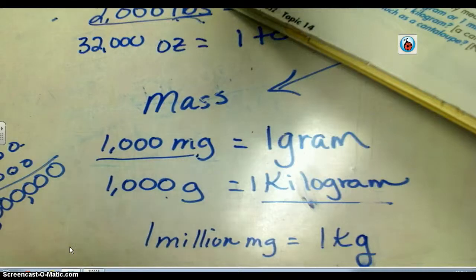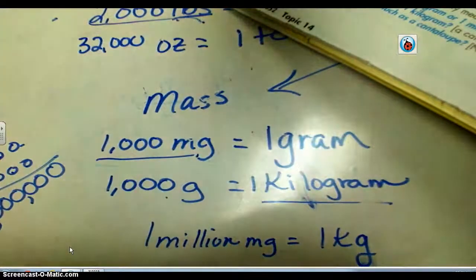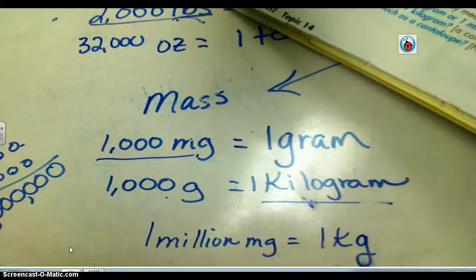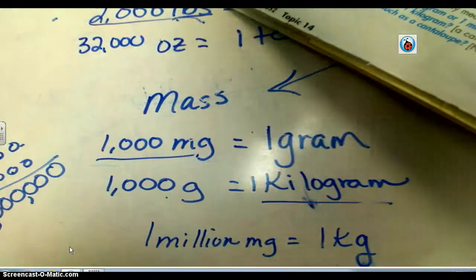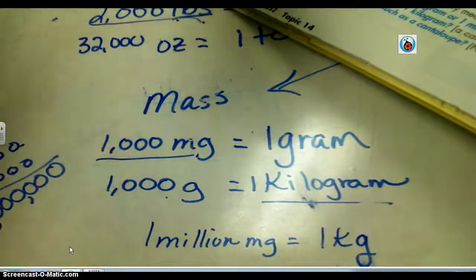Obviously, a milligram is really, really, really light. Okay? So when we think about this, it's saying which customary unit is best to measure the weight of each object. So, would I measure a bulldozer in pounds, tons, or ounces? Tons. Okay?